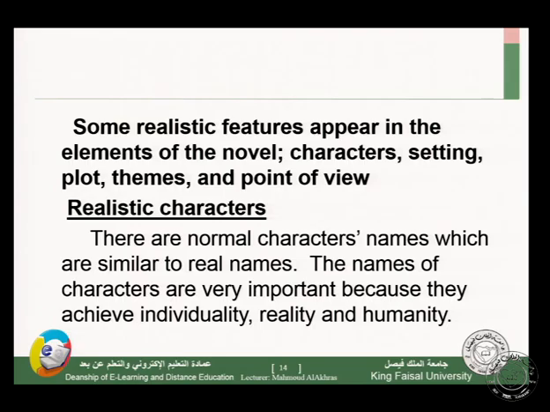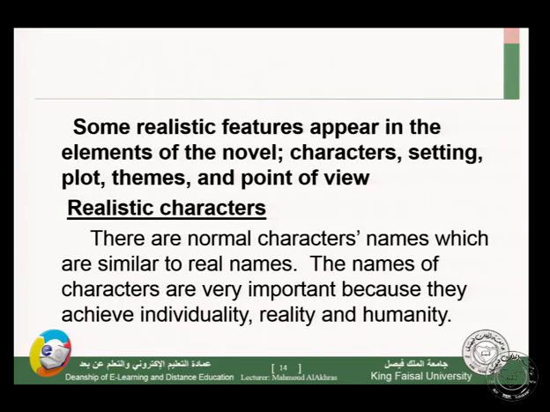There are normal characters' names which are similar to real names. So we have different names in this novel. They are more realistic, and they are near or close to the names of real people.